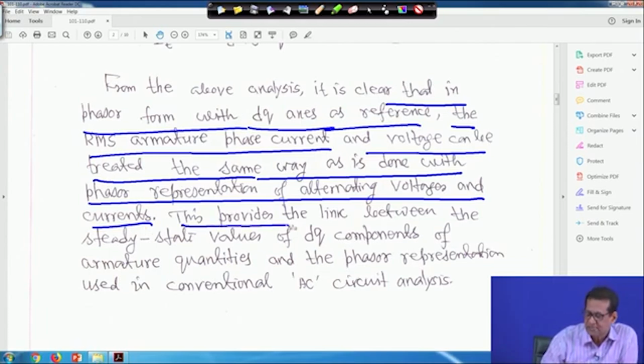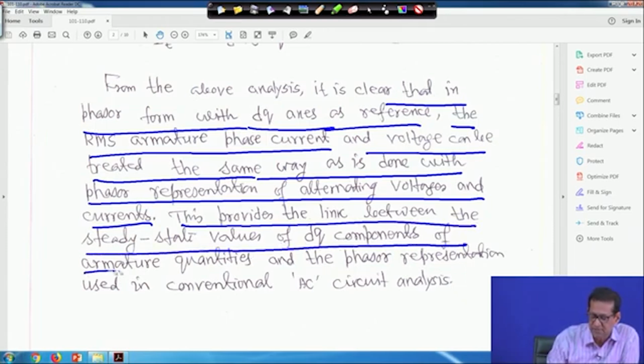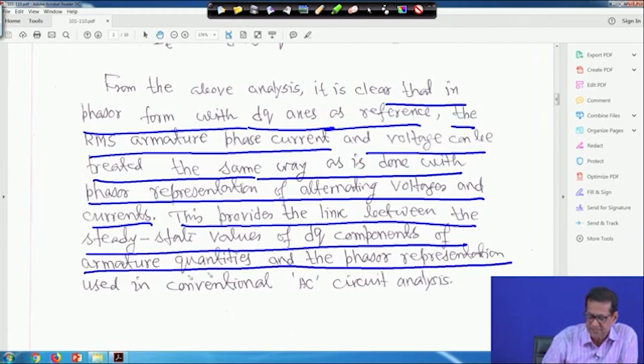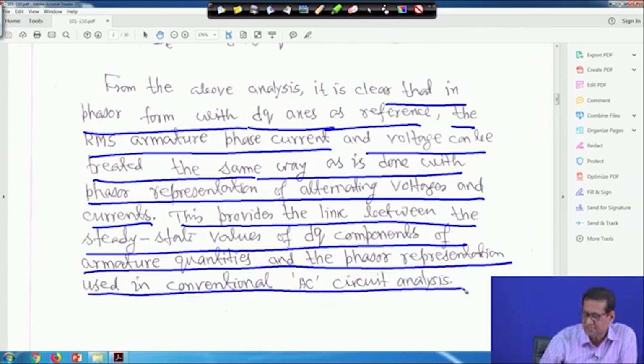This provides the link between the steady state values of DQ components of armature quantities and the phasor representation used in conventional AC circuit analysis.